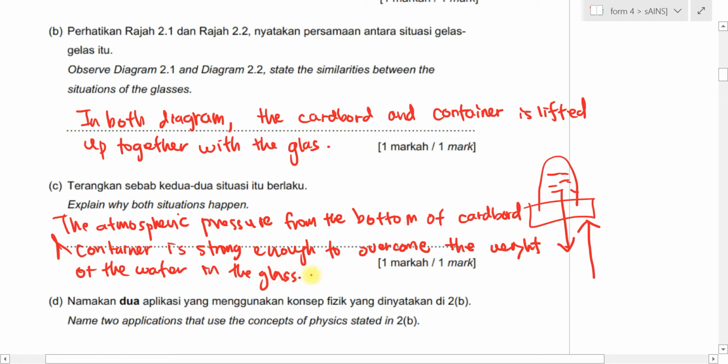Hence, the cardboard or container will not fall down.